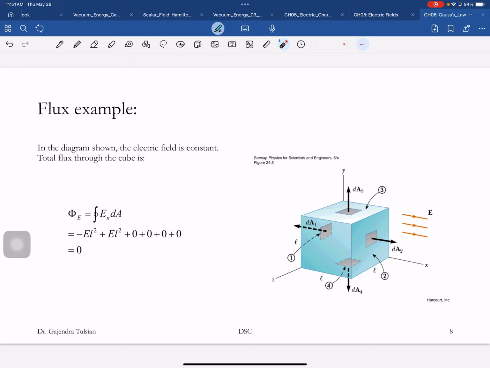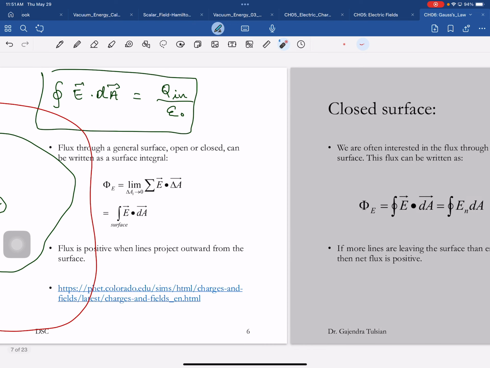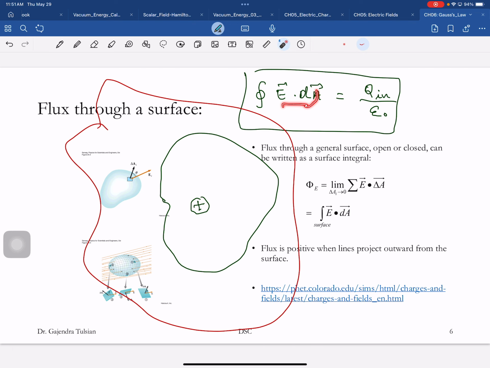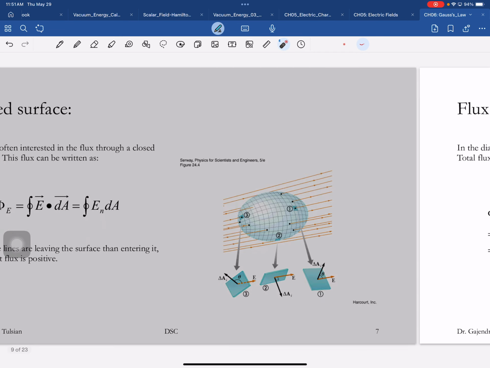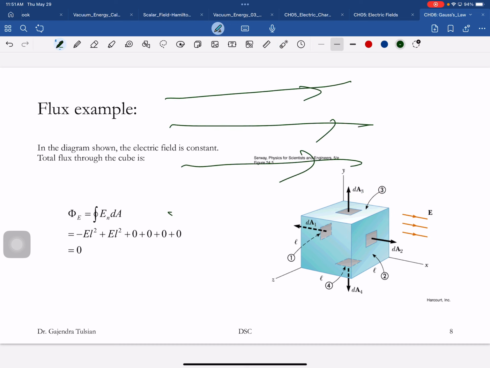So using Gauss's law, you just concluded, well, we haven't told you Gauss's law. Actually, I've told you Gauss's law here: the net flux is equal to the charge inside divided by epsilon naught. So what can you conclude? If you have a uniform field in any region, you can't have a charge anywhere there.